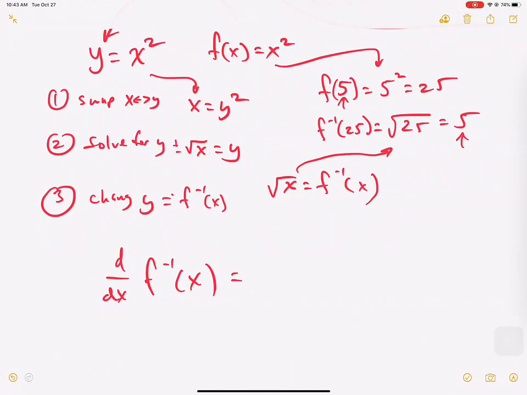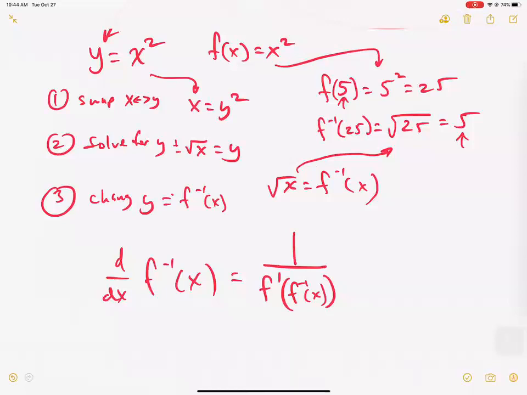This is a part that's a little bit confusing because we're going to go back and forth. But okay, the rule is people would define it a couple of different ways. Let's define it this way for starters. It's 1 over f prime of f inverse of x.